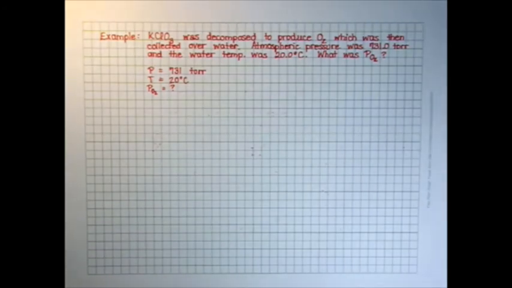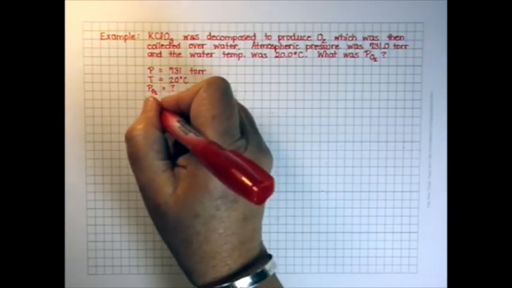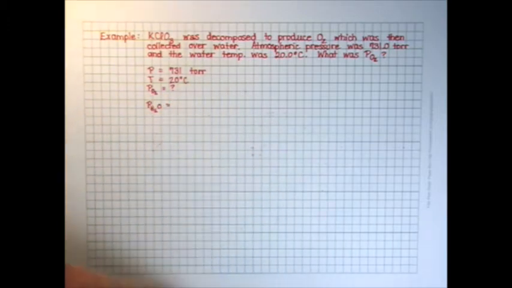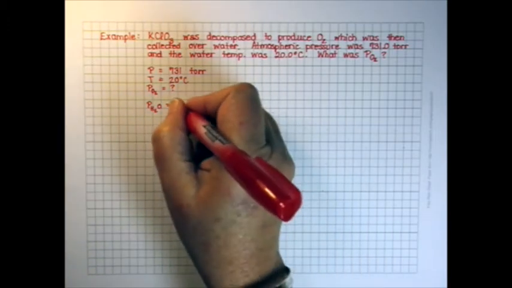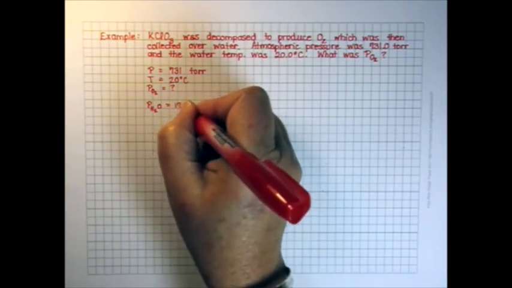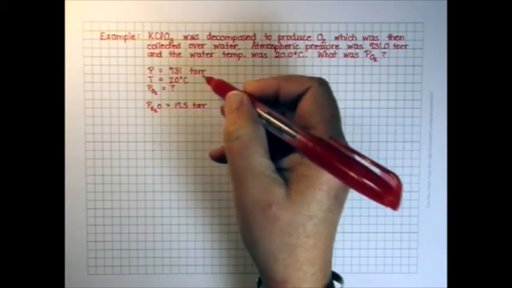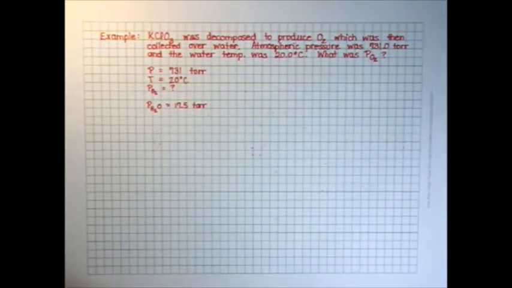Well, we need one more little nugget of information, and that is the pressure of the water vapor. We're going to have to look that up in a table, and I believe there's one in your book, and find that at this temperature, 17.5 torr of that total pressure is going to be due to the water vapor.